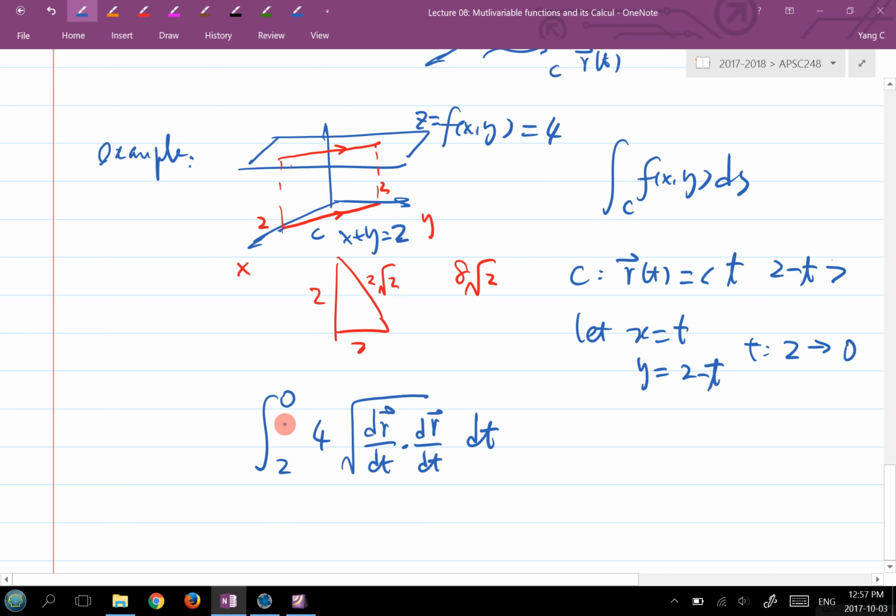So your R of t, r prime is (1, -1) dot (1, -1) dt.